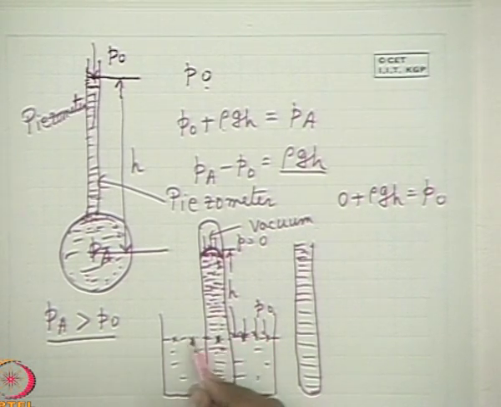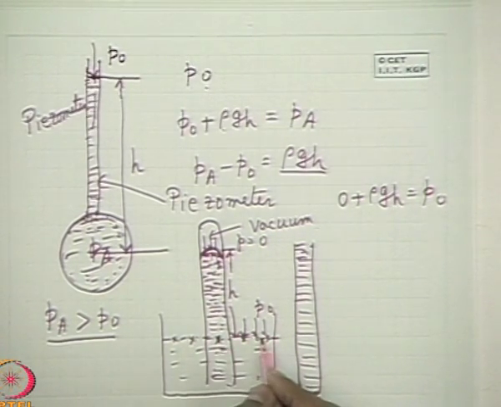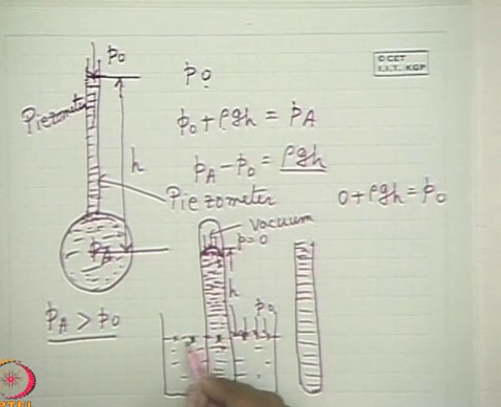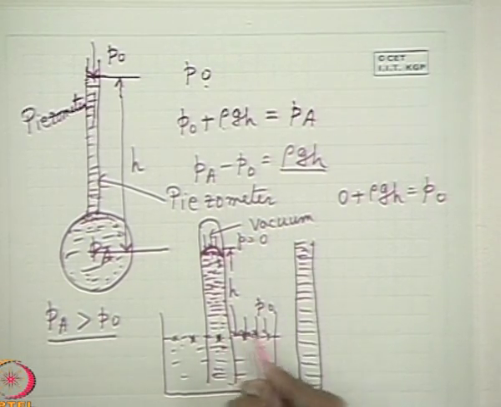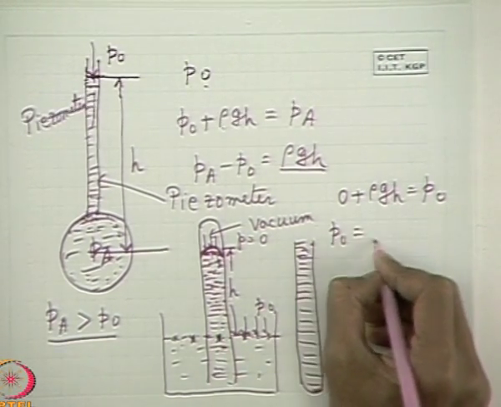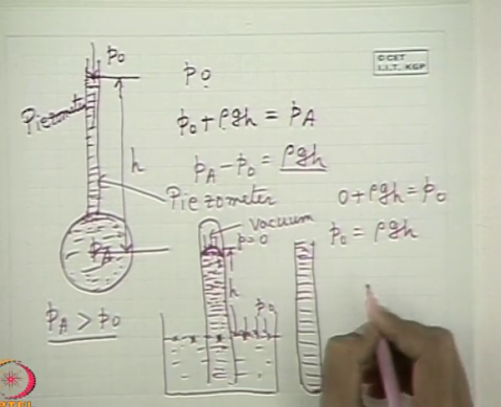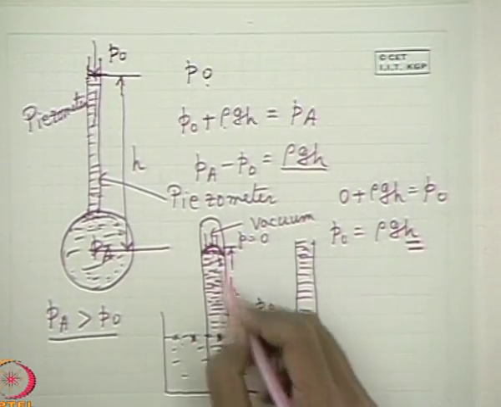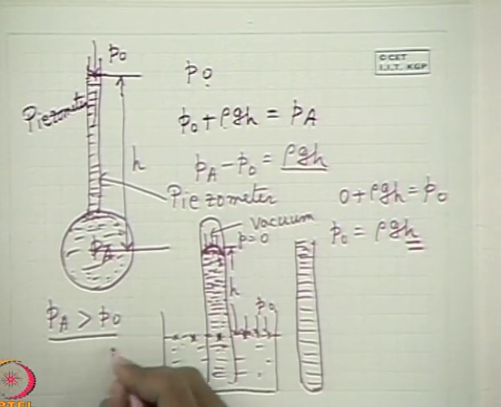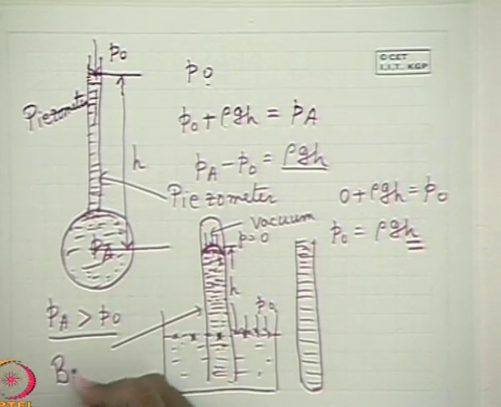So long as points in the same expanse of liquid or fluid do not vary in vertical displacement, the pressure remains the same. So simply P0 is rho gh. This principle was utilized to measure the local atmospheric pressure by measuring this height, and this instrument is known as a barometer.